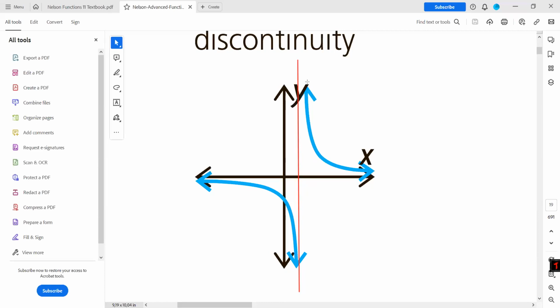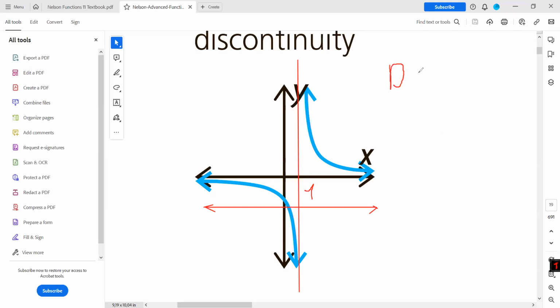So basically, all values on this x line are absent from the solution or from the domain of the function, right? Domain is the x-axis. So the domain has a discontinuity at this point. Let's say this point would be x equals 1.